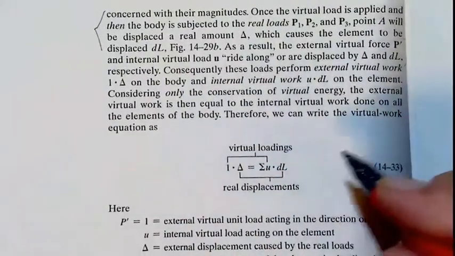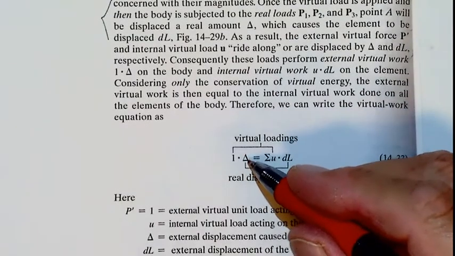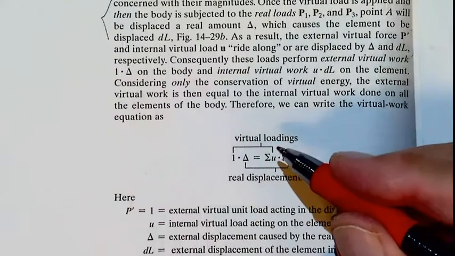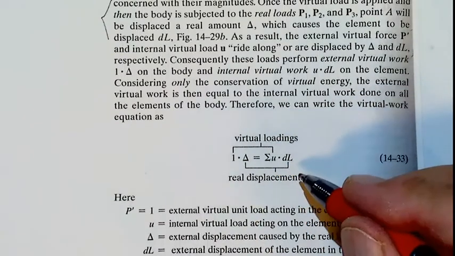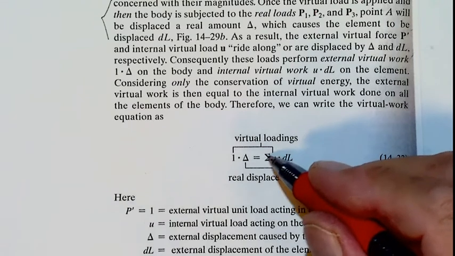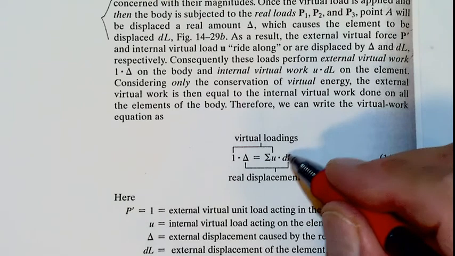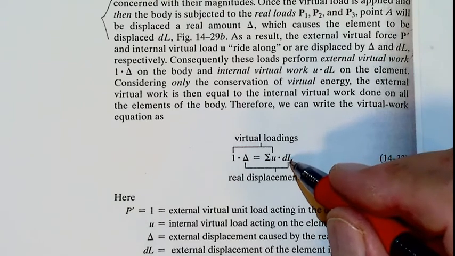So then, look please, we are getting 1 times delta, that is the virtual load. Then we will have real displacements now: summation U times dl. These are the elongations that the system is undergoing.